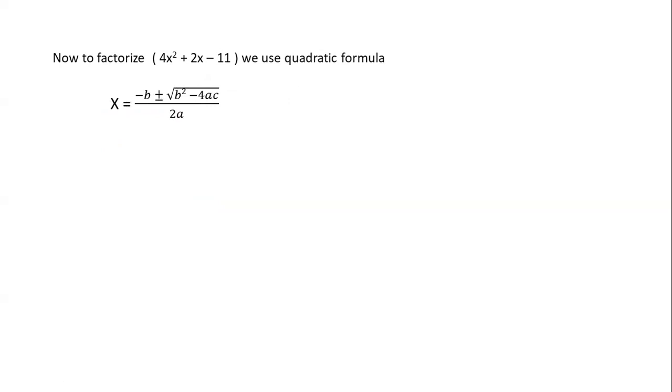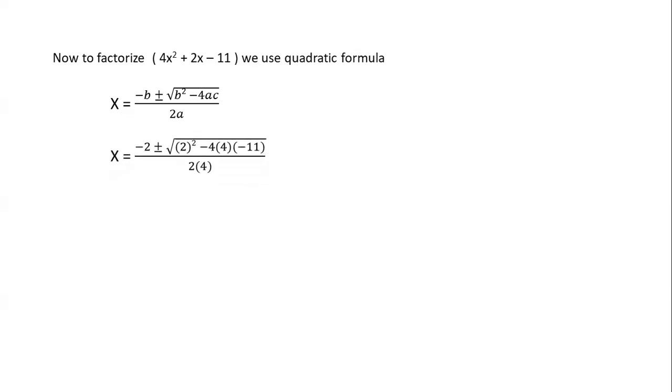X is equal to minus b plus minus root b square minus 4ac upon 2a. So in our case, what is the polynomial? b is minus 2.